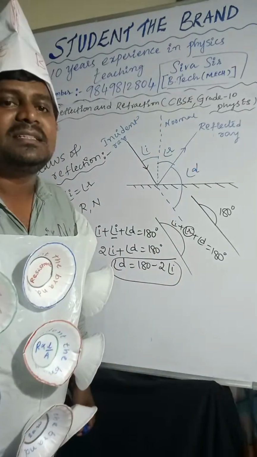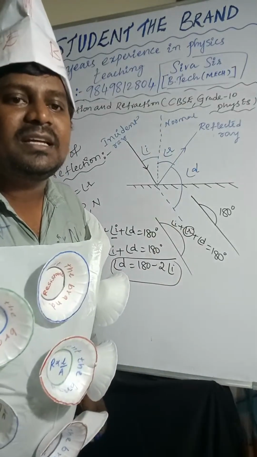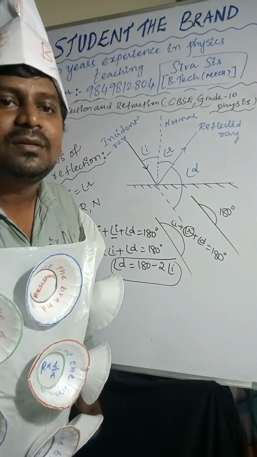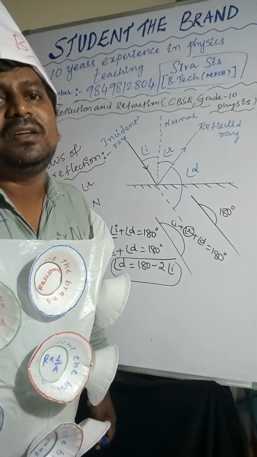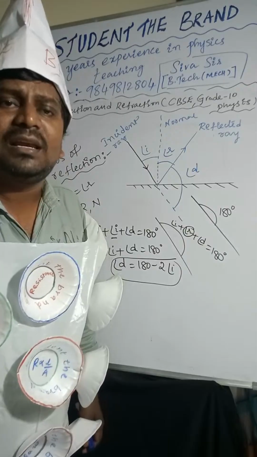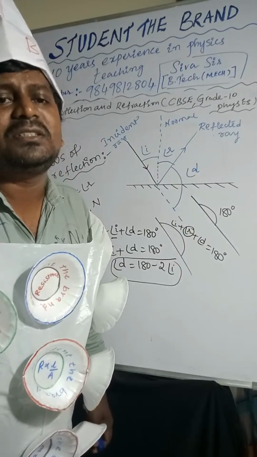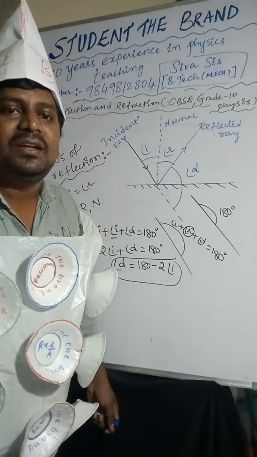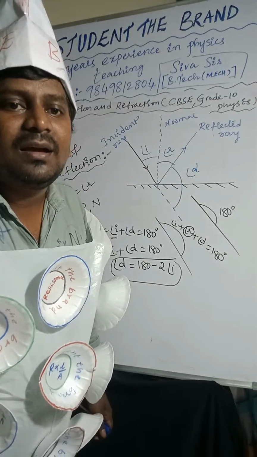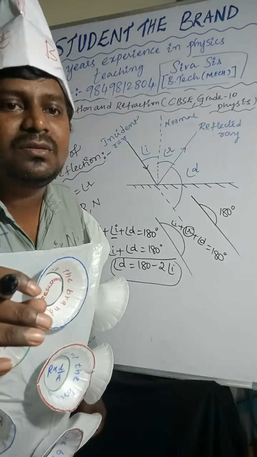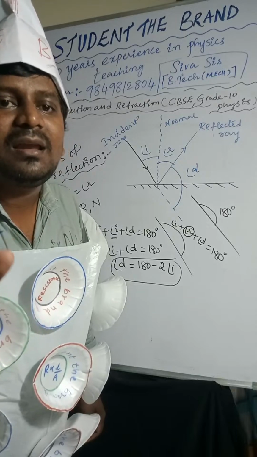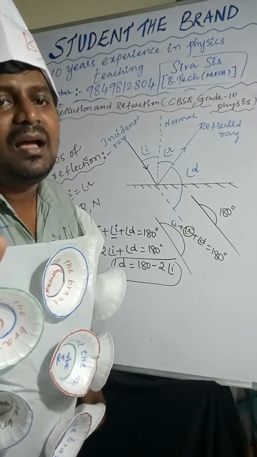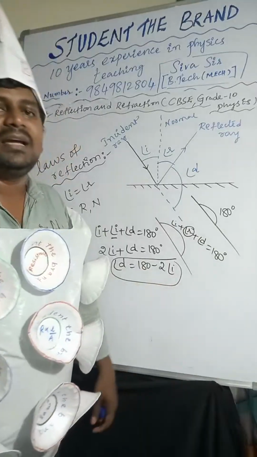Listen, everyone: angle of deviation equals 180 minus 2 angle of incidence.